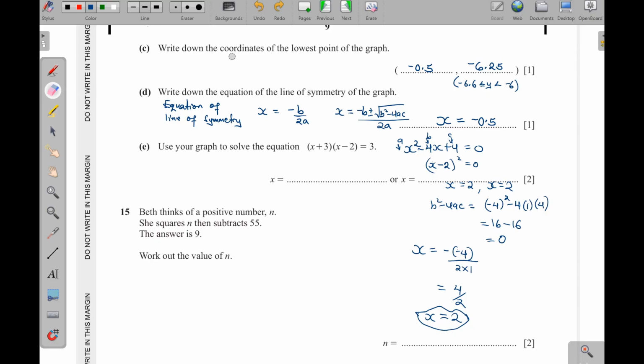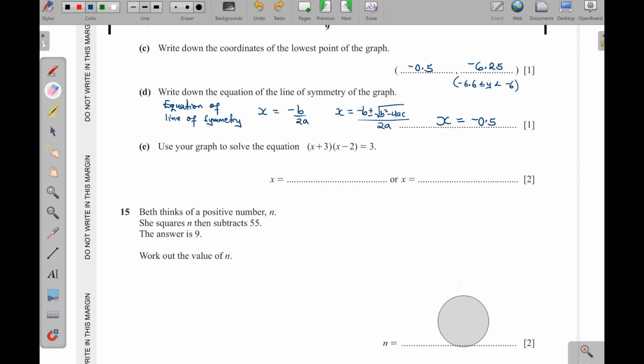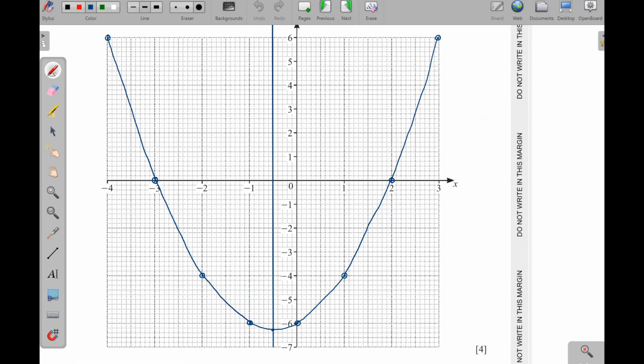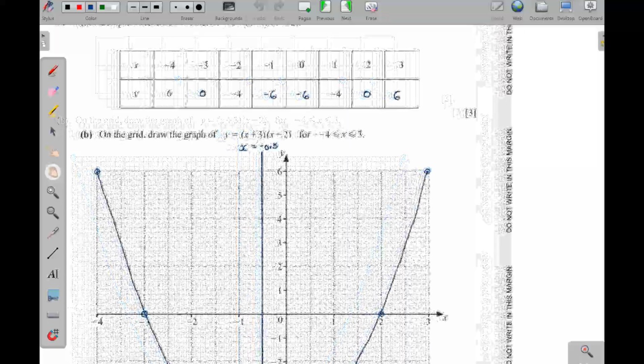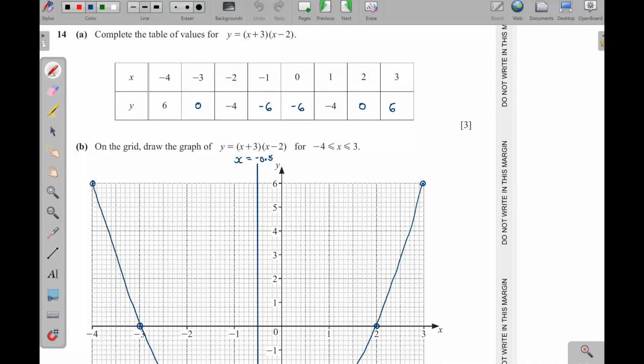So that is that. For any quadratic equation, the equation of the line of symmetry, you should know that it is given by minus b over what? 2a. Are we there? So even when I substitute in that equation which we were given, remember when this one is expanded, we have x squared plus x minus 6.